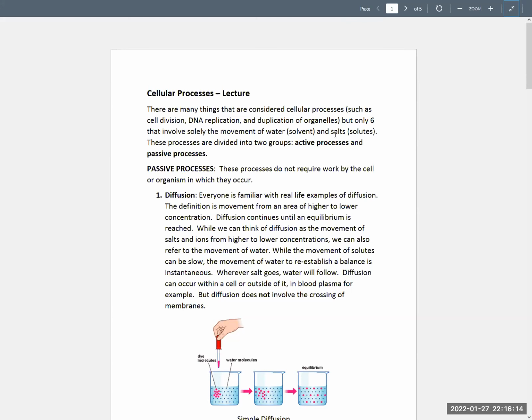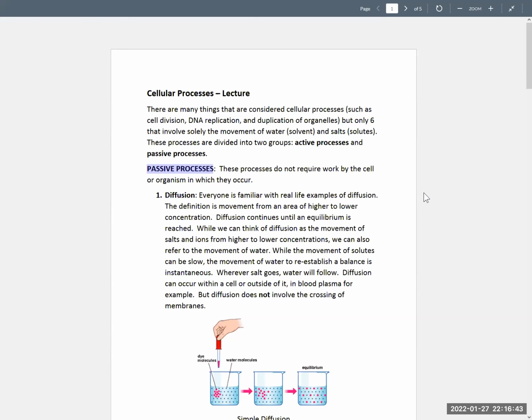Salts don't mean necessarily table salt, sodium chloride, or anything like that. It means all the minerals that are available for a cell to take up and utilize in constructing or reconstructing itself. Cellular processes are divided into two groups, passive processes, and, when we get to it a little bit later, active processes.